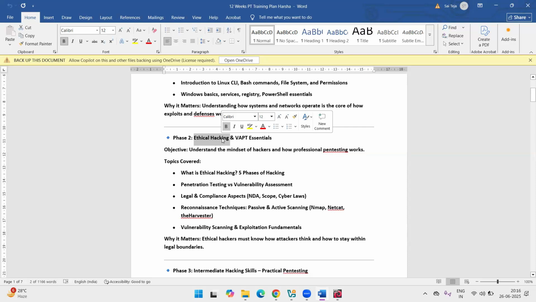Where you, as a security person, need to help the organizations to find and fix the issues, like the vulnerabilities, before someone exploits it, right?